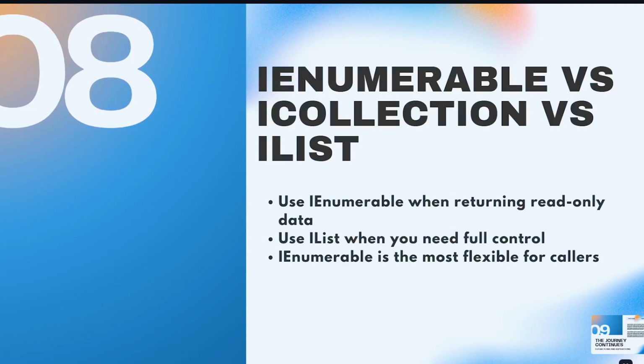Deferred execution: a bonus point to impress the interviewer. When you return IEnumerable with a LINQ query, the database query has not run yet. It only runs when you foreach over it or call .ToList(). This is called deferred execution. So IEnumerable for read-only looping, ICollection for modifying, IList for indexed access. Each adds more power than the previous.